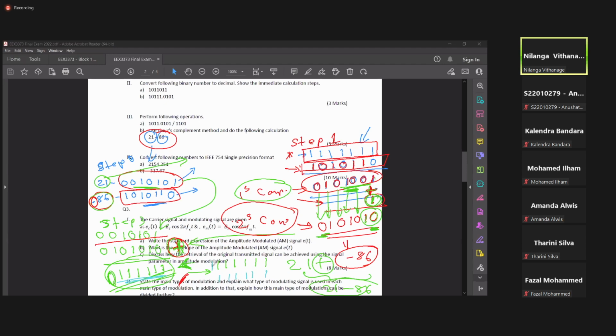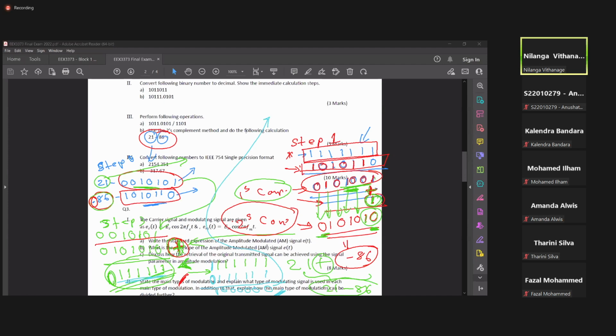Okay, so 0 is here. So now you have to subtract this one. 1 from 1 means 0 0 0 0 0 0 1, right? So you get this value, and now, since this is a minus value, you have to, I will start from here.